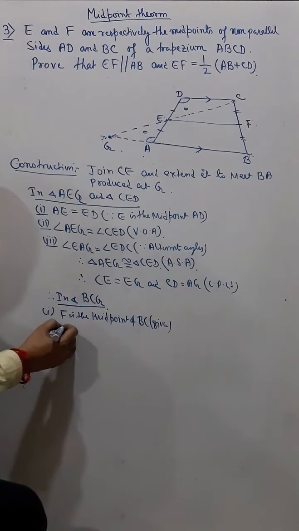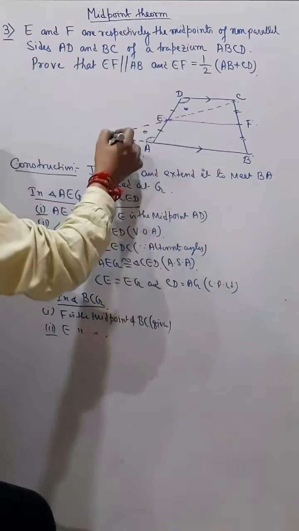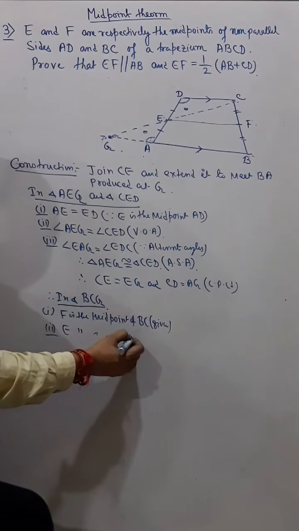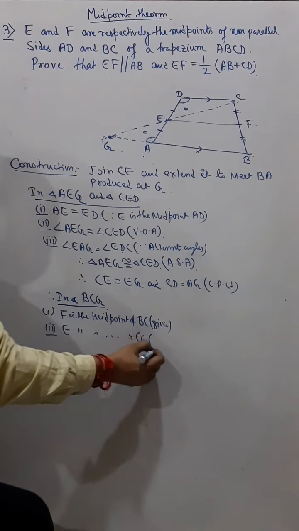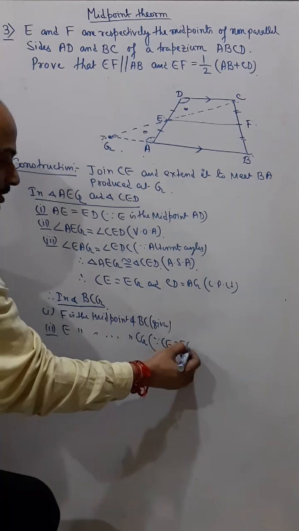And number two, E is the midpoint of CG, since CE is equal to EG, proved above.